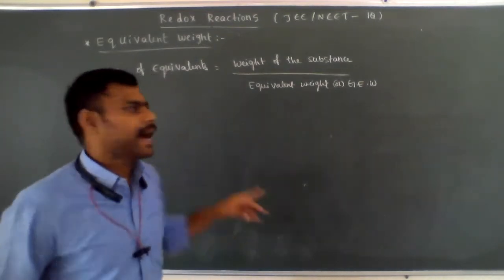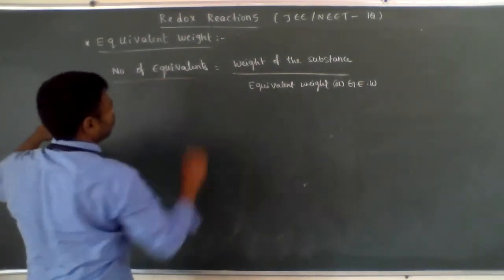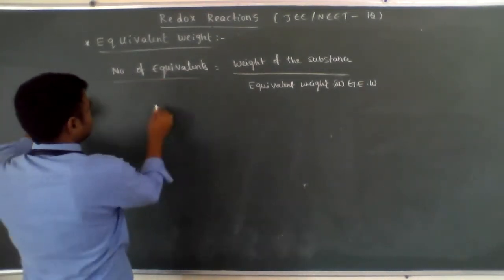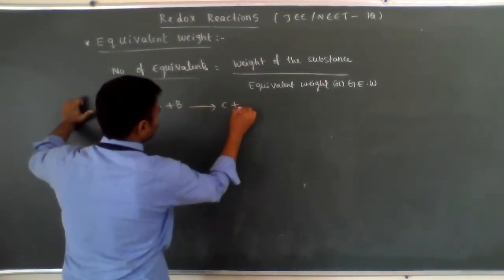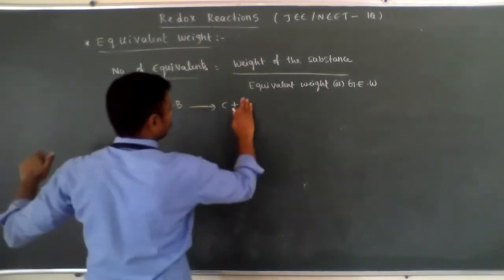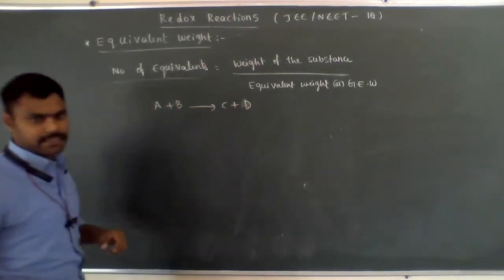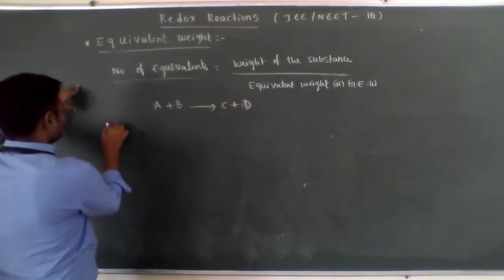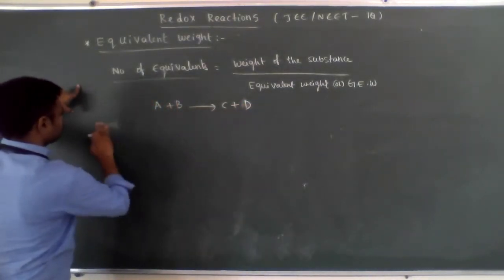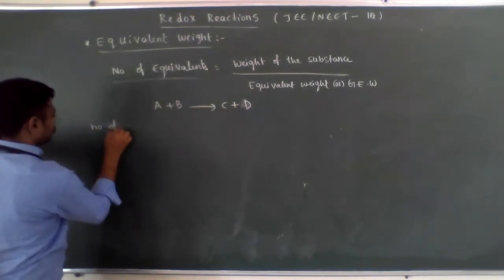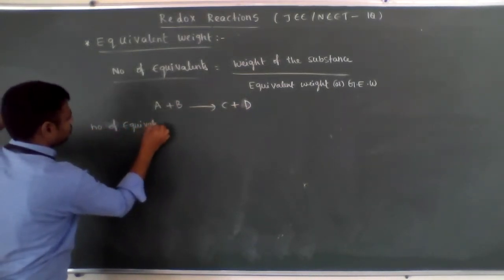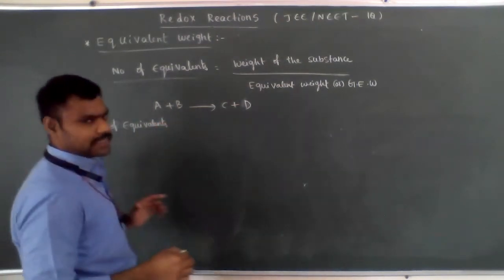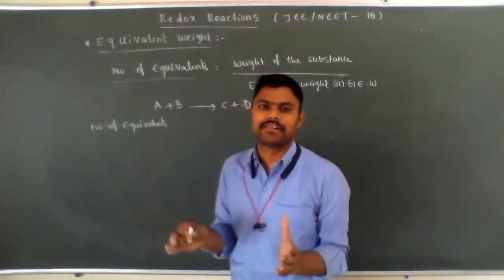But in any chemical reaction, let's consider A plus B is converted into C plus D. In this chemical reaction, the number of equivalents should be equal, because the reactants are combined according to their number of equivalents.